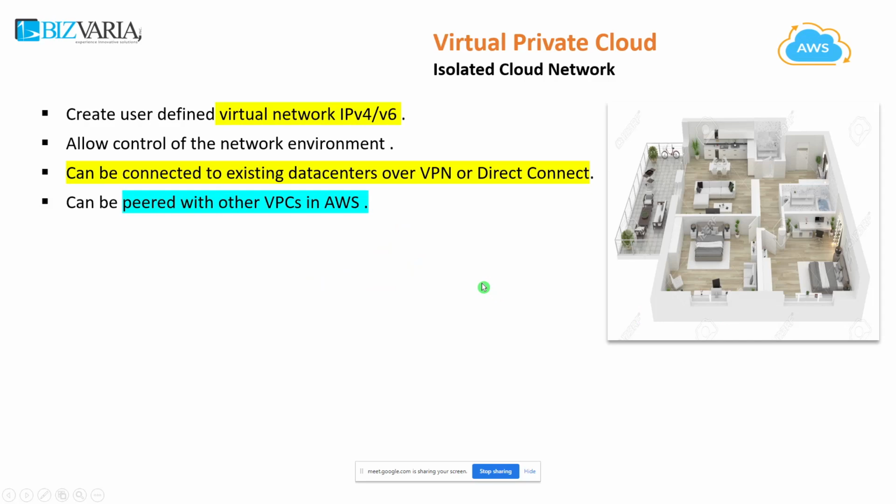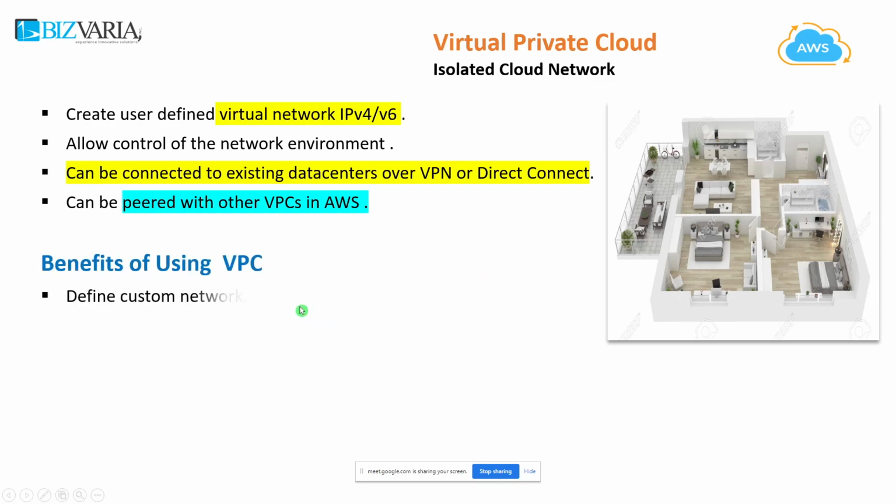It can be paired with the VPCs in AWS. I just gave you a little hint yesterday, I showed you one slide. That's how multiple VPCs can talk to each other. That's called VPC peering.